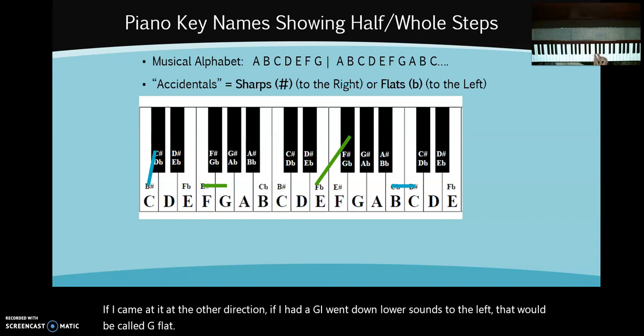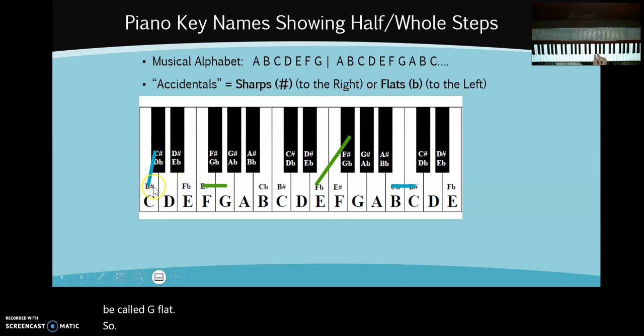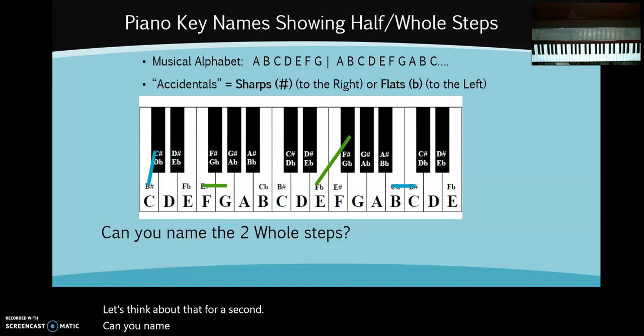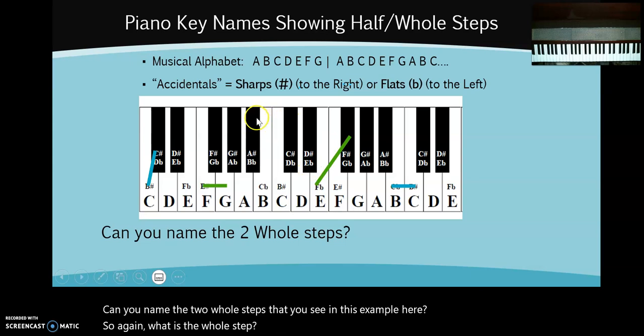Right? So if we were to talk about whole steps and half steps, let's think about that for a second. Can you name the 2 whole steps that you see in this example here? So again, what is a whole step? We talked about it. It would be you're skipping a key.